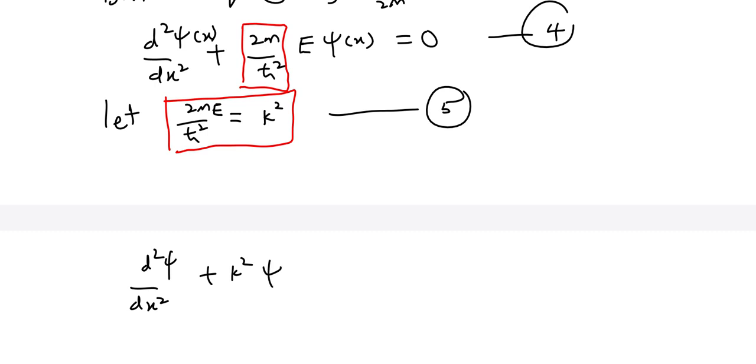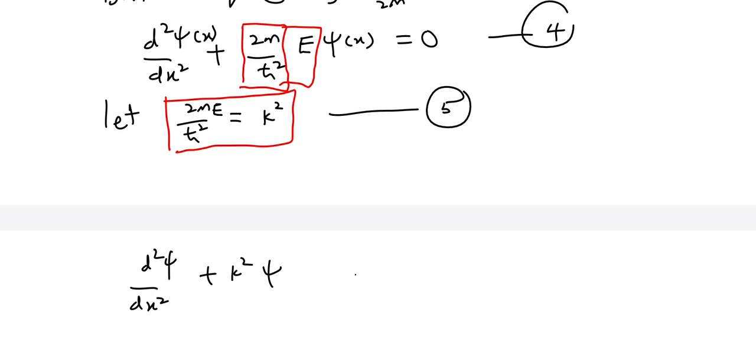So you should take note, it's 2mE over h bar squared. It covers E because the energy is also a constant, it has a value. So let's represent 2mE over h bar squared by k squared, so that we have only psi as a function.